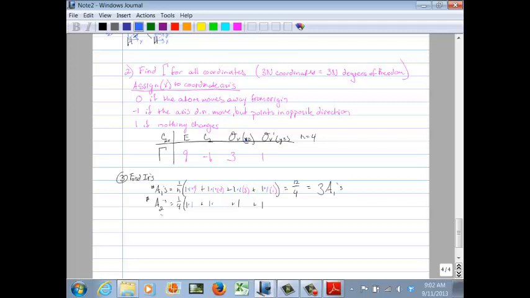Oh, no. For vibrational modes, you might need to do all of them. So the characters for A2 are 1, 1, -1, -1. So for this one, you get 9, -1, -3, -1. So you should get 4 over 4, which is 1 A2.